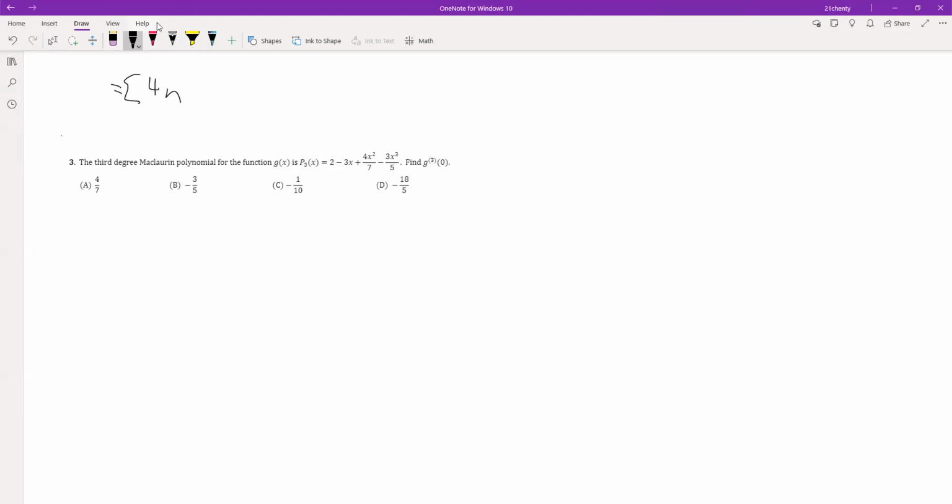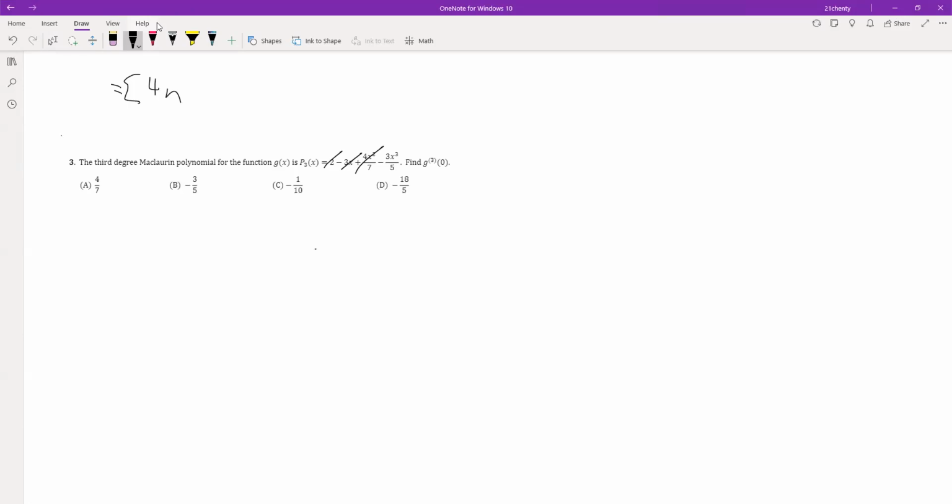So let us take the third derivative. First off, since we're differentiating 3 times, we can get rid of these because we'll know those will eventually become 0.